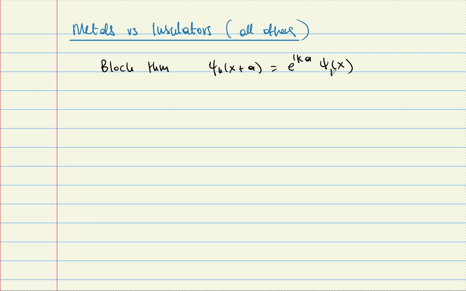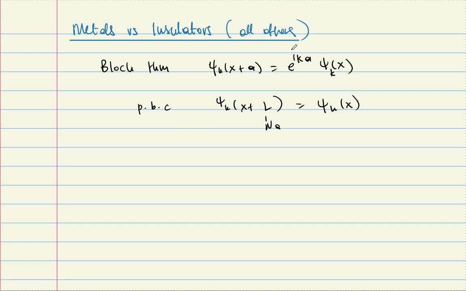This comes from the translation operator, but we also impose periodic boundary conditions: psi k of x plus L, where L was N times a, equals psi k of x.